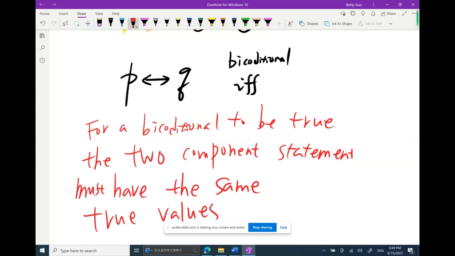This is the sentence we need to memorize for biconditional.